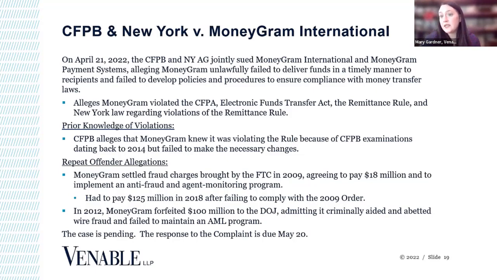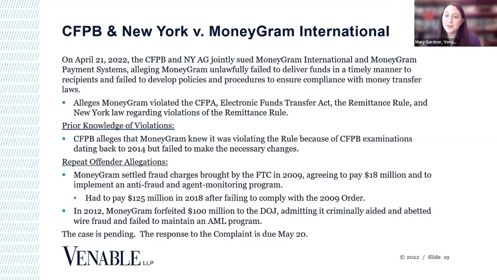Ultimately, the FTC pursued them for failing to comply with that order, and they wound up having to pay a much larger penalty of $125 million. Then in 2012, MoneyGram forfeited about $100 million to the DOJ and had to admit that it criminally aided and abetted wire fraud and failed to maintain an AML program.